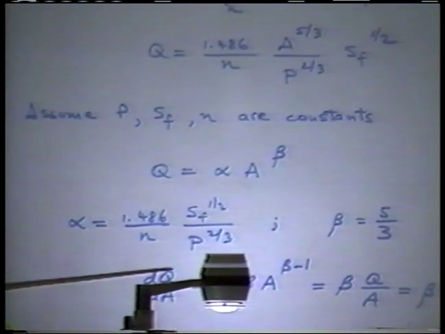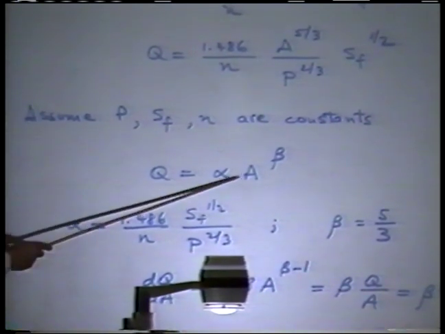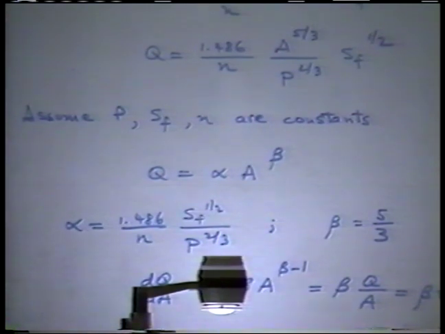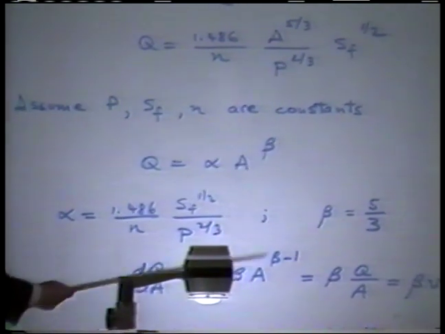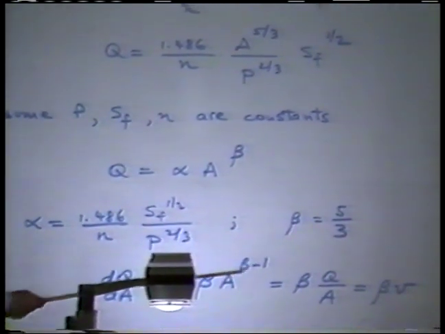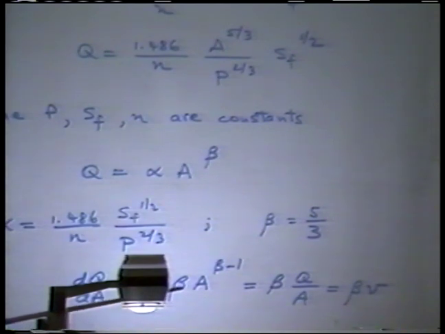Now if you take dQ/dA, the derivative of Q with respect to A, assuming of course alpha and beta to be constants for the time being, we would get alpha beta A to the beta minus 1, right, taking the derivative.